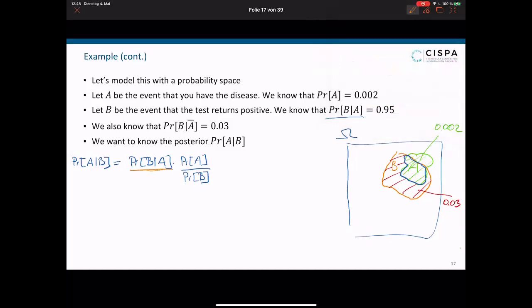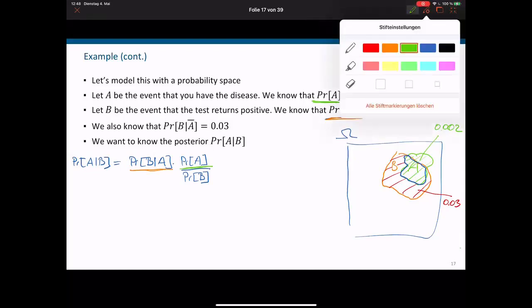This thing here, probability of B given A, that's something that we know. That's a value that we've seen already. On the other hand, we have this probability of A here. Same thing here. So these two things we have. The only thing that's missing is our probability of B.